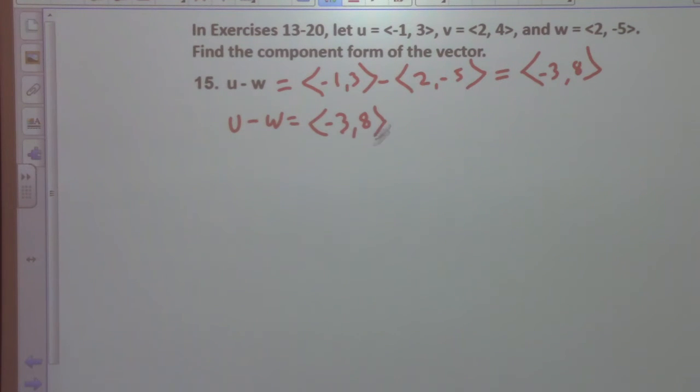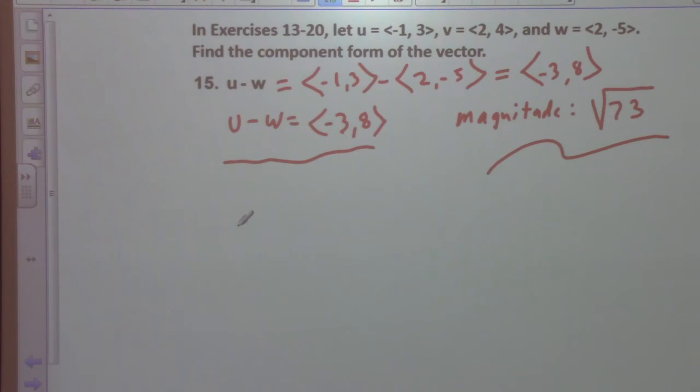Okay, questions on that one? All right, good. What about our magnitude? Square root of 73, so that's going to be about 9. Yeah, it looks good.